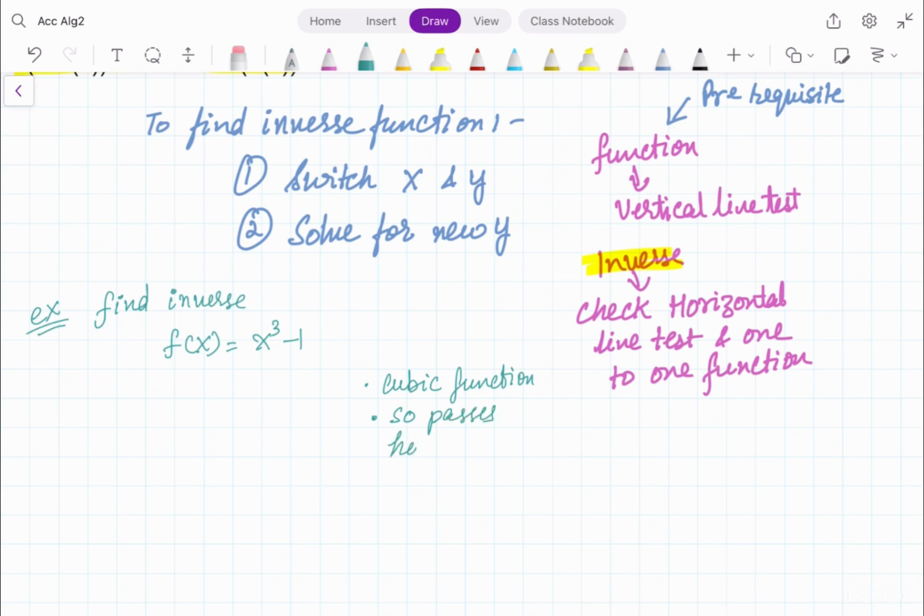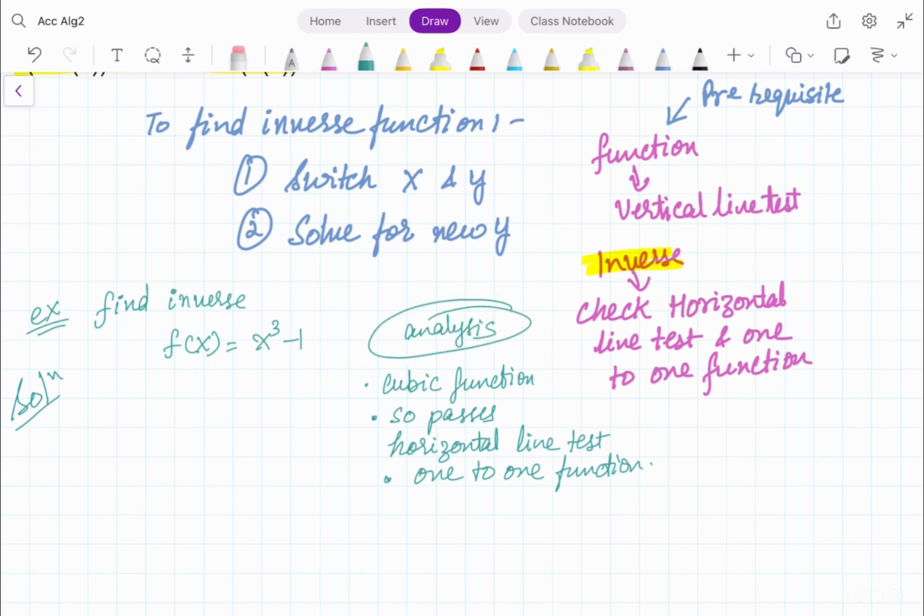It passes the horizontal line test because on a horizontal line test, it will intersect the graph only at 1 point. And cubic function is also a one-to-one function. So this is the analysis from the given function. Once I know that it satisfies the horizontal line test and one-to-one function, let's find out what is the inverse function.